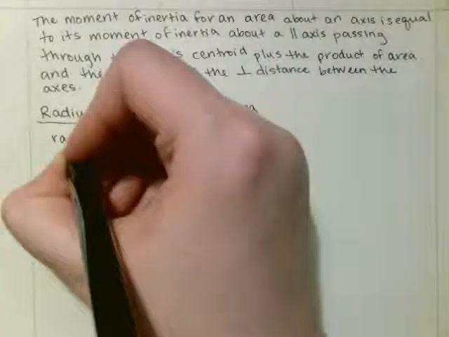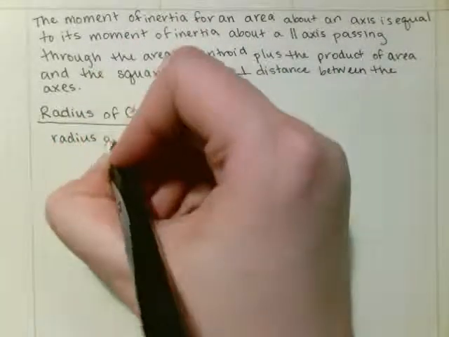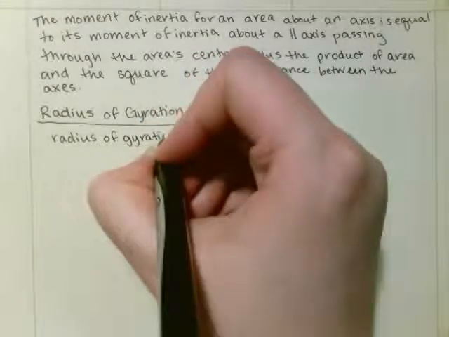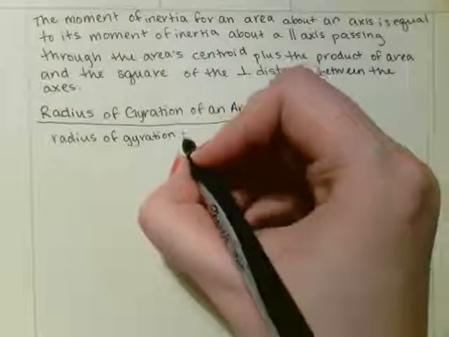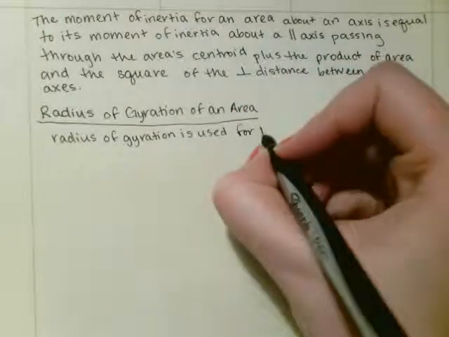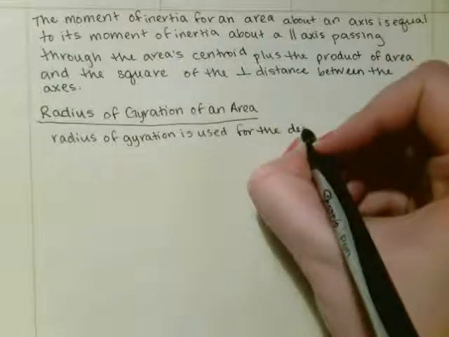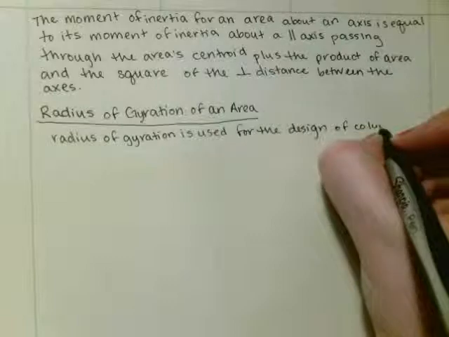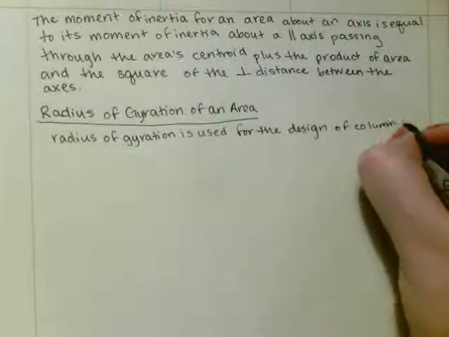And the radius of gyration is used for the design of columns in structural mechanics.